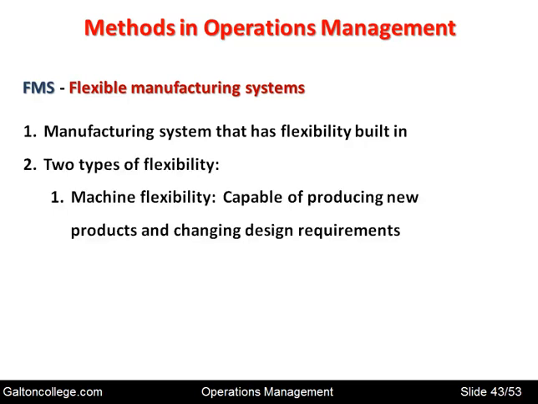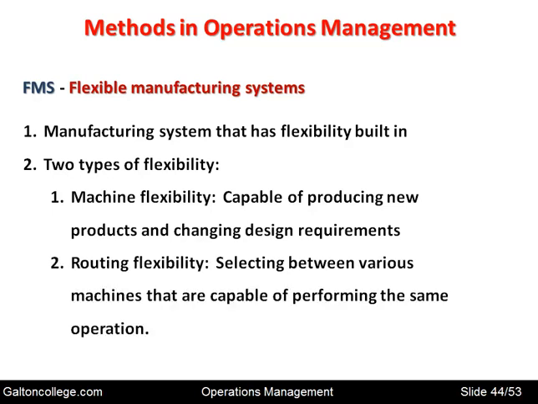In fact, there are two types of flexibility. There's machine flexibility, capable of producing new products and changing design requirements. So it may mean that certain parts of the machine have to be changed. New tools may have to be put on the machine to enable it to make a different product. But the machine is flexible enough to do so. So that's one type of flexibility.